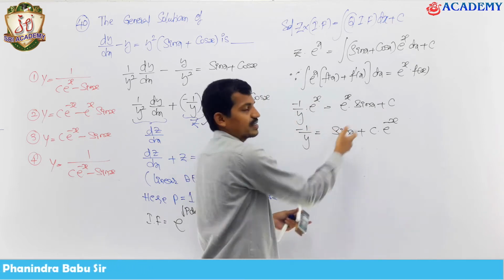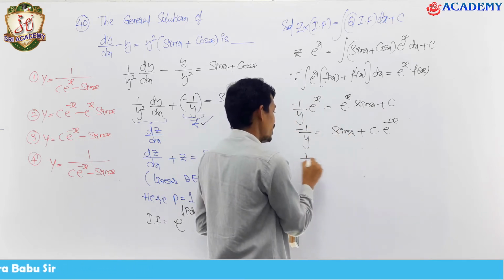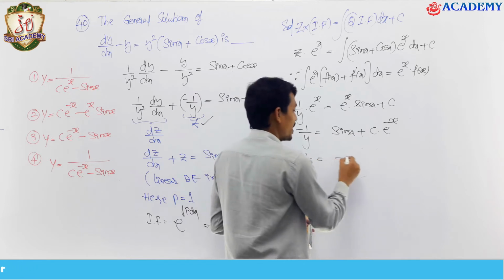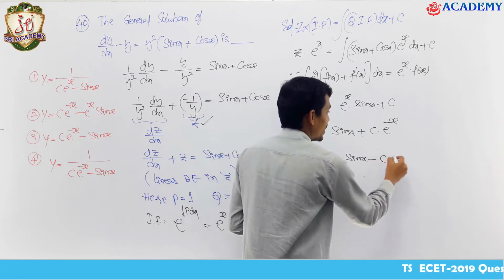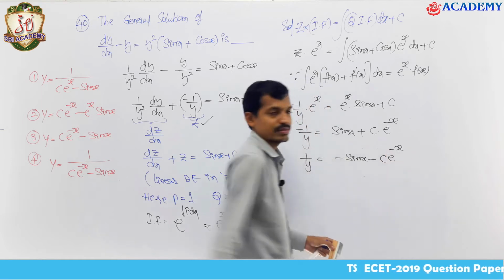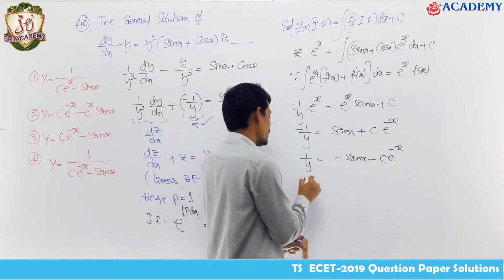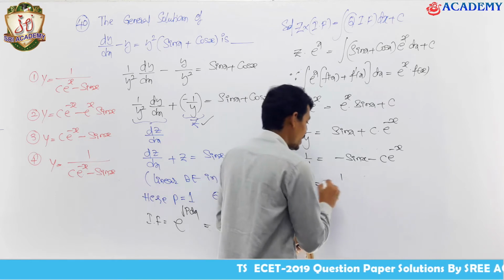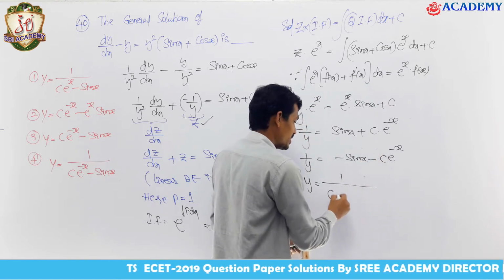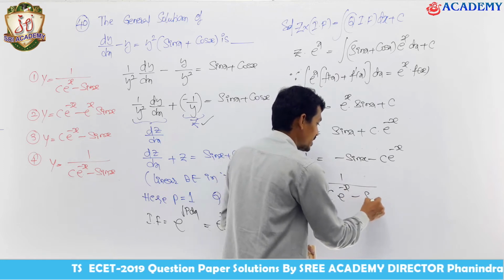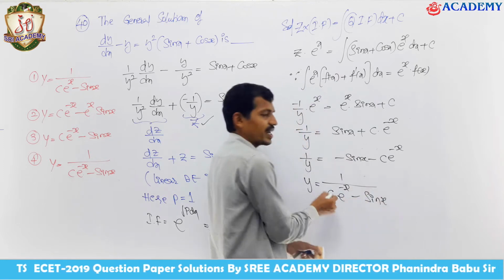If I take the minus to this side, it's going to be 1 by y equals minus sin x minus c e power minus x. If I multiply with minus, that is y equals 1 divided by, here plus c and minus c, and one c e power minus x minus sin x we can write. Minus c we can write as plus c.